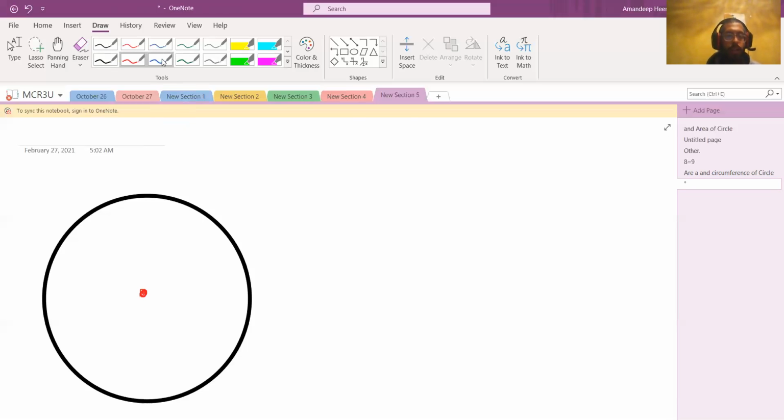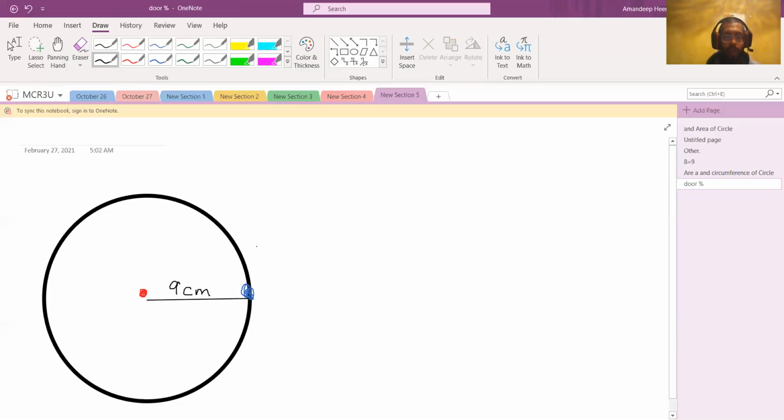And let's say the distance from the center of the circle to the edge of the circle is 9 centimeters.